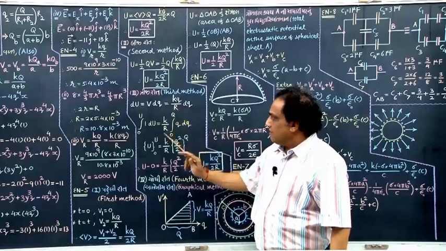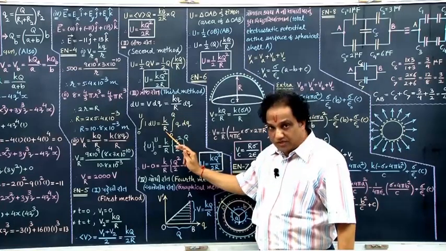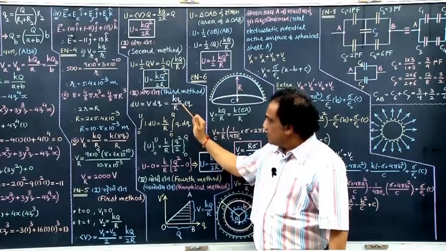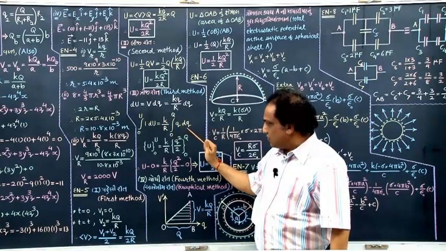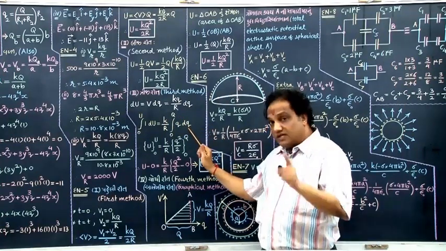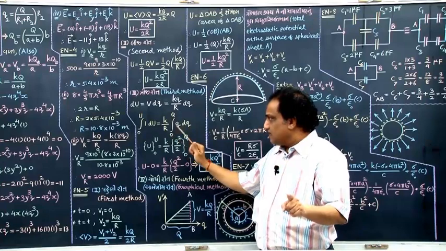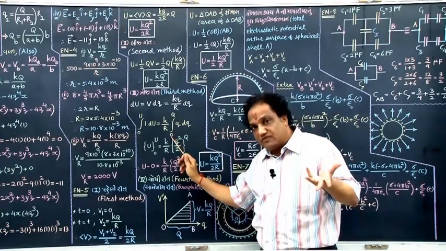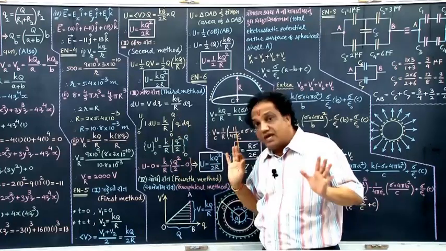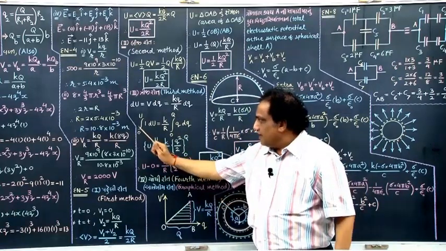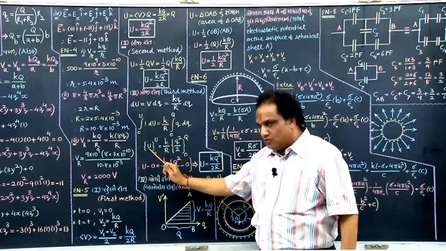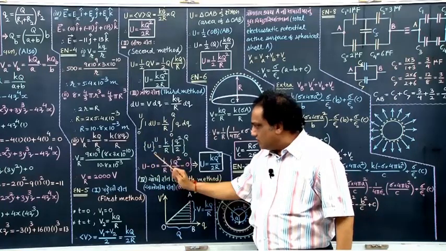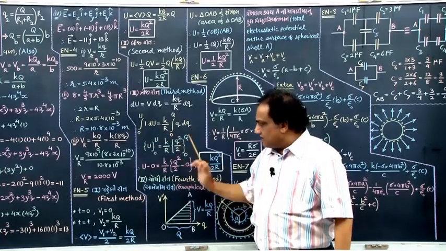Here k upon r can be taken constant and out of the symbol of integration, leaving integral of q dq. Here the variable is in terms of charge, so I must specify limits in terms of charge. Initially the charge on the surface of the sphere was 0, finally let it be capital Q. Integral of dU is nothing but U from 0 to U. k upon r as it is.